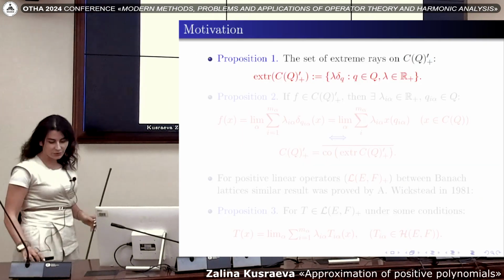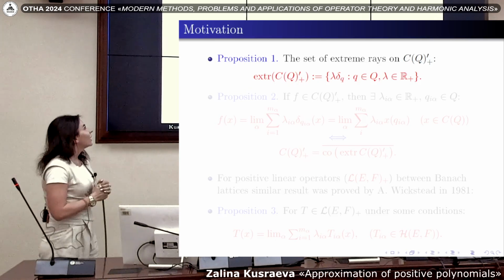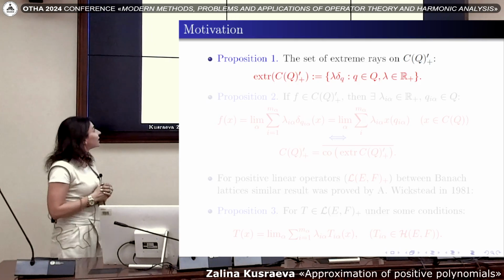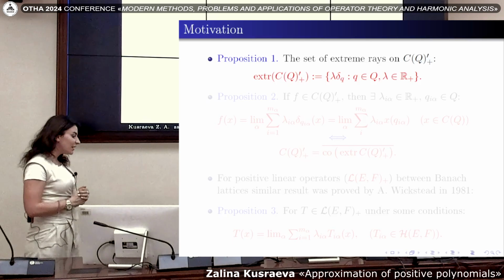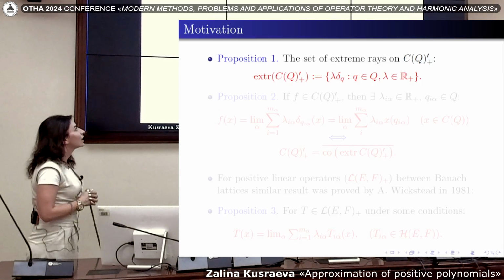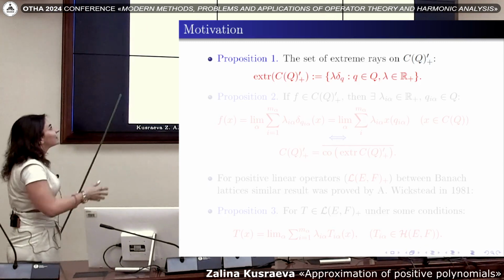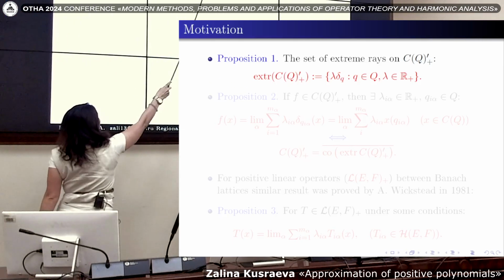The motivation for this result follows from two interesting facts. The first of them says that the extreme rays of the space of continuous linear functionals on C(Q) are exactly the positive multiples of Dirac measures.